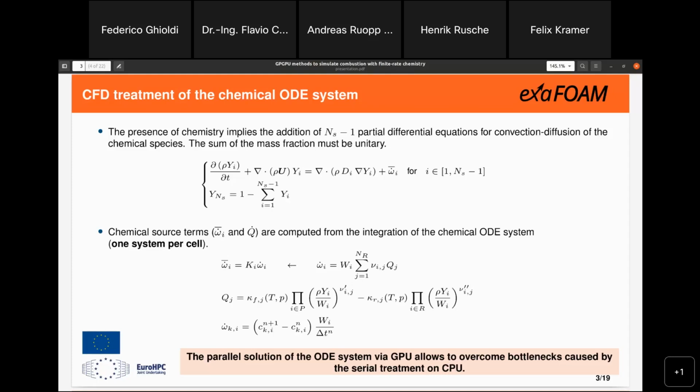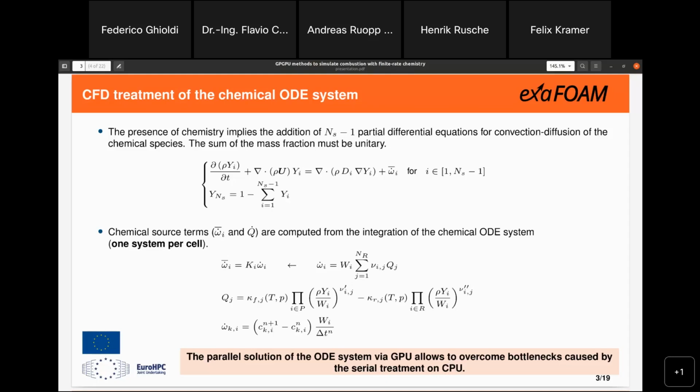But because of the architecture of the GPU, the way the GPU works, we have found that the use of explicit ODE integrators is advantageous because the GPU relies on the single instruction multiple thread approach, which eases the implementation, but also enhances the speed up whenever you're using something which is explicit. Now, the way we have designed our approach that I'm about to present, it is anyway possible to add other integrators. We just started by introducing the explicit integration of the ODE systems, because of course it's advantageous when you use the GPU.